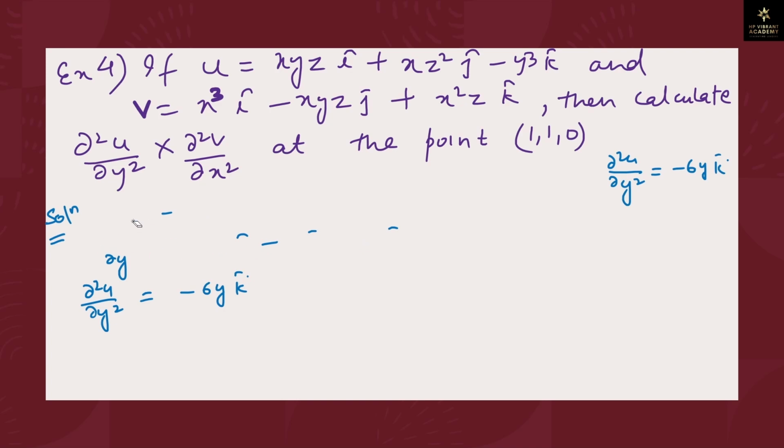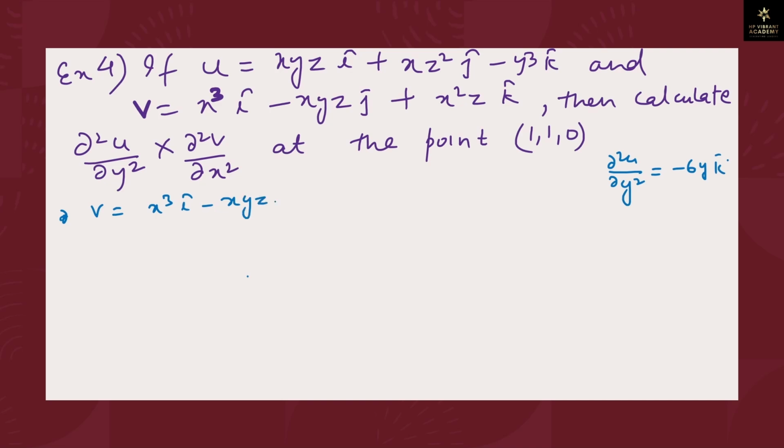Now let us find del 2 v upon del x square. Now we have the value of v as v is equal to x cube i cap minus xyz j cap plus x square z k cap.